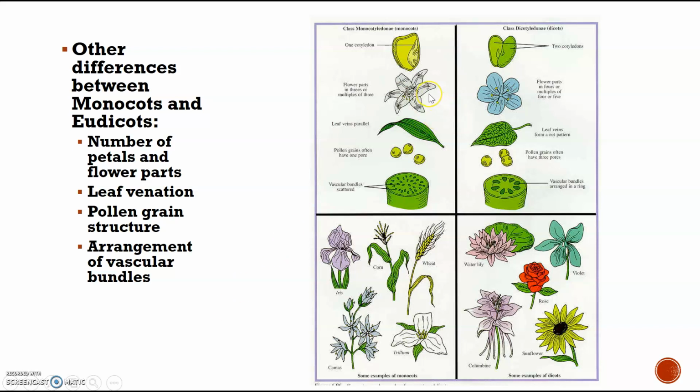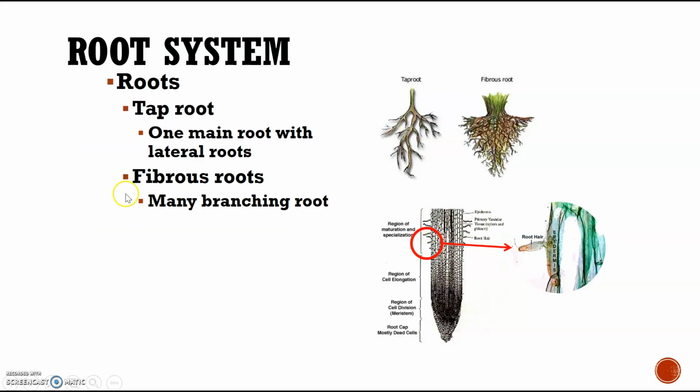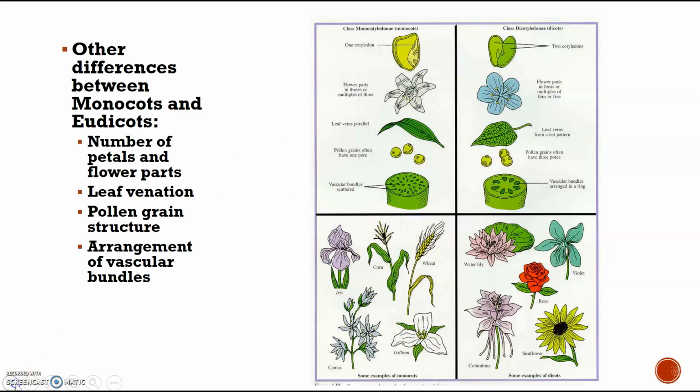Your monocots are going to have flower parts in threes or multiples of three. Eudicots, their flowers are in fours or multiples of 4 or 5. Monocots, the leaf venation is parallel.